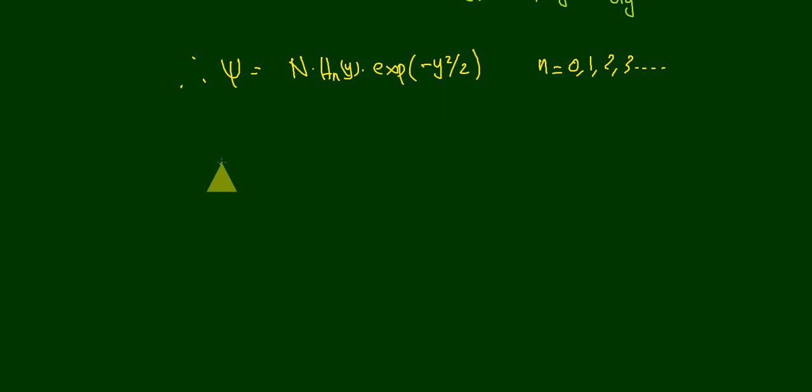Now, let us first go for the normalization of the wave function. Normalization can be done by integrating from minus infinity to plus infinity the square of psi. This psi depends upon the quantum number n, so we can write psi n, and also it is in terms of y, so we can write psi n of y.